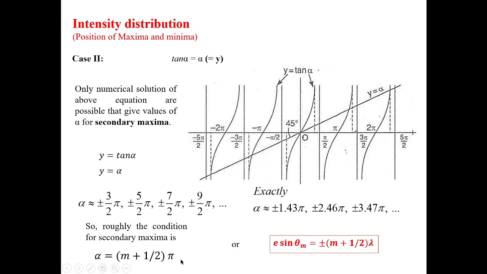This solution reduces to e sin theta m equal to plus minus m plus half lambda, where m is 1, 2, 3, 4, etc. and theta m is the angle of diffraction for secondary maxima.